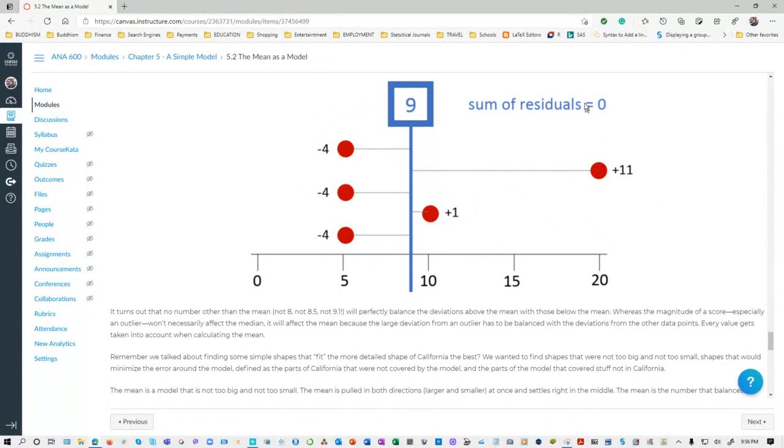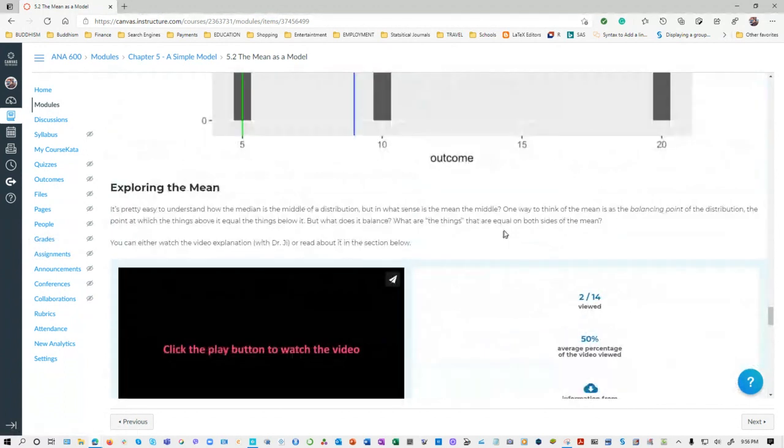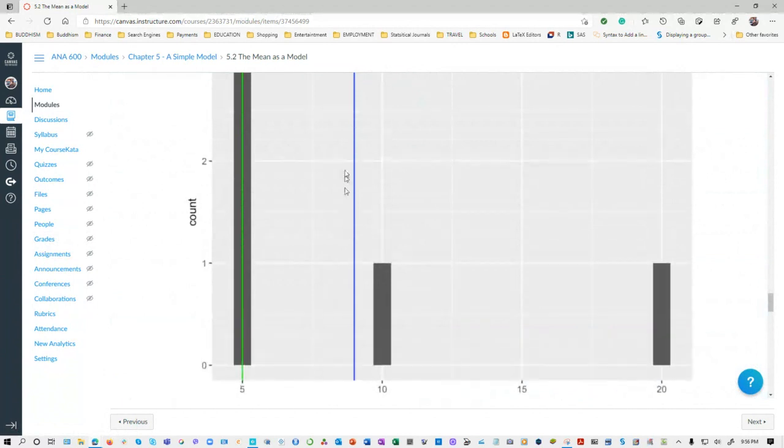If you add all these residuals, which are called residuals, errors, or deviations, same thing, they cancel off. So the mean balances the deviations. The mean does not balance the data values. If you think of balancing 10 and 20, that is 30, value-wise. I'm talking about value-wise: 30.